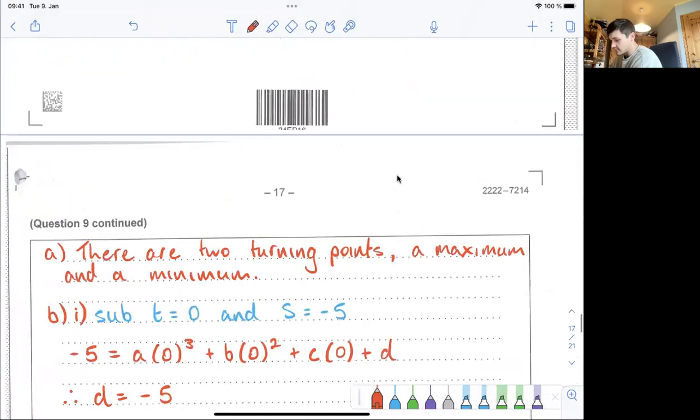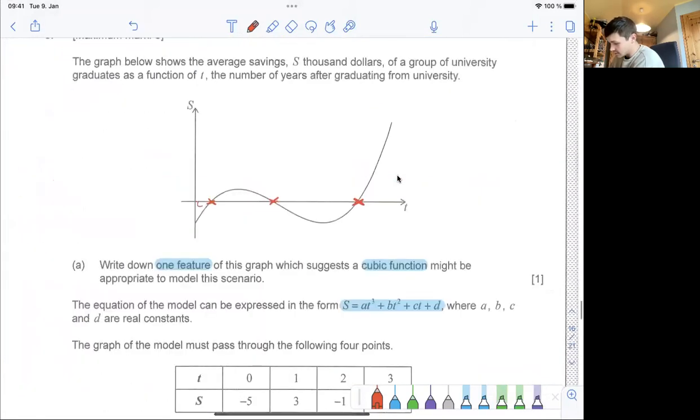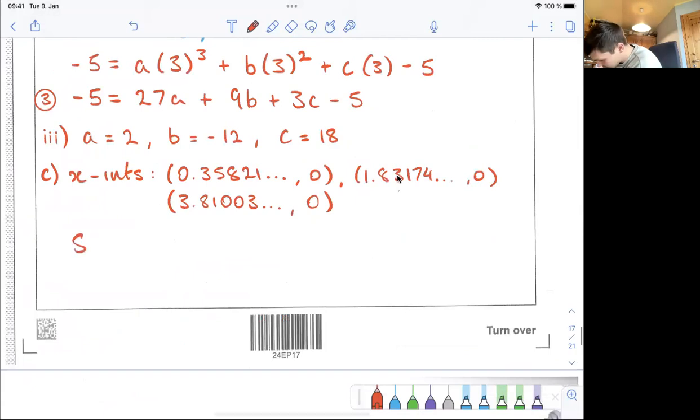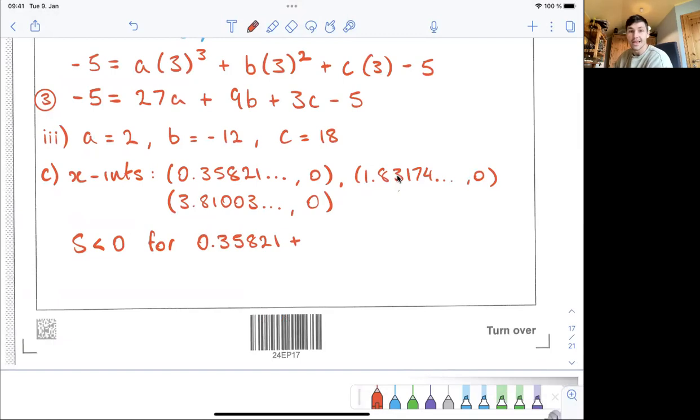We don't need the calculator anymore. We know that it's essentially from t is equal to 0 up to that first x-intercept. So s is below 0 for 0.35821 years, and then plus the time in which s is below 0 between these two x-intercepts. The way we can find that is brackets 3.81003 subtract 1.83174.